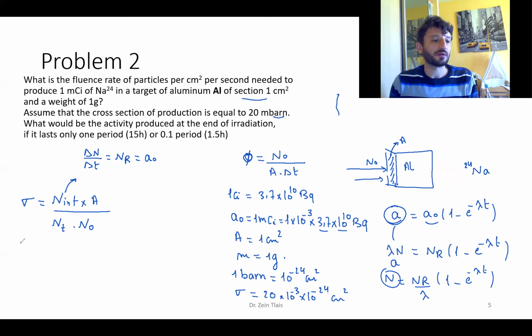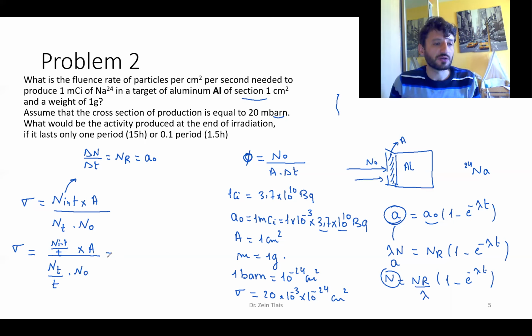You know, here we have sigma, which is equal to N R. We can divide N interaction by t, and here also N target divided by t. Okay, I divide by t up and down, times N0. And here we have A.